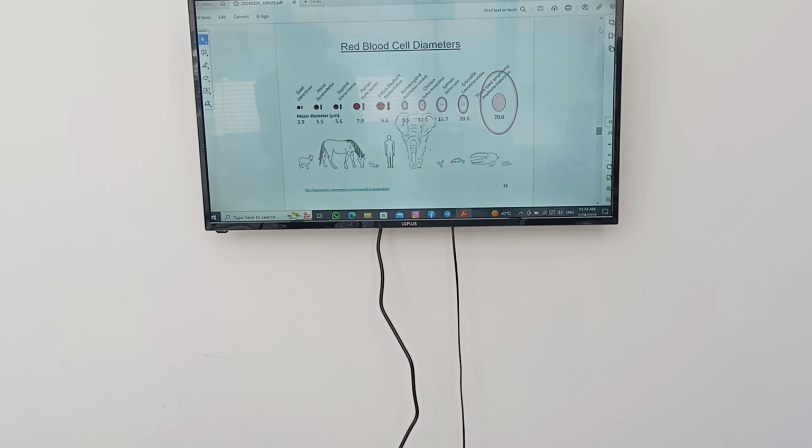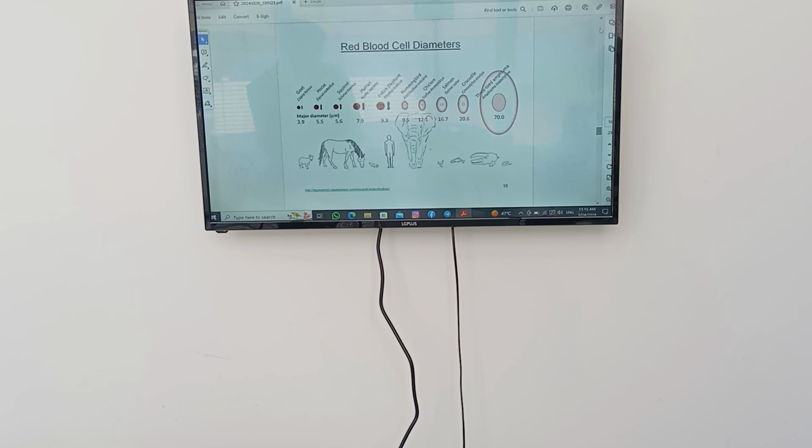We have here the red blood cell diameters. It starts from the goat, which is, of course, in this unit we're going to use micrometer. So we have the goat, which is 3.9 micrometer. Of course, this can be seen with a light microscope, but it has to be seen with an electron microscope. Then you have the horse, which is a bit bigger.